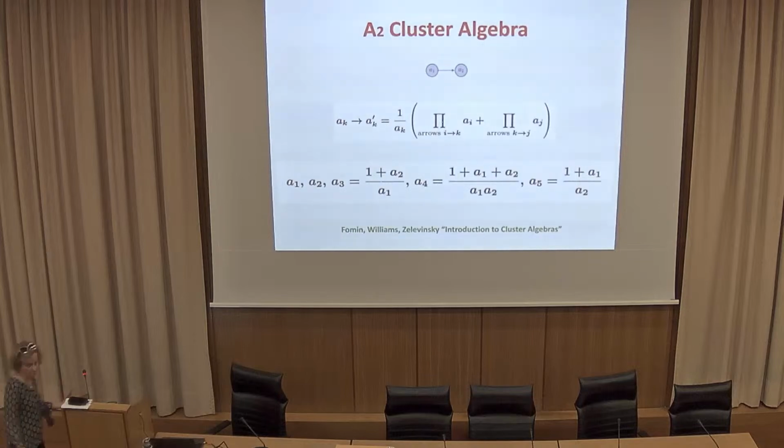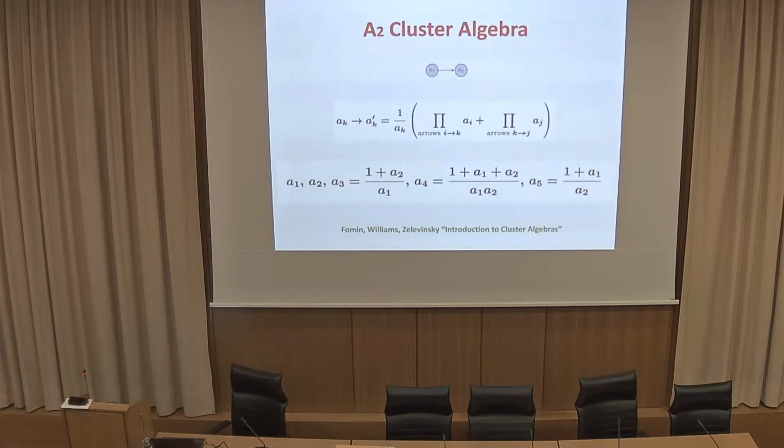Okay, so let me try to tell you what is the simplest possible cluster algebra. To define a cluster algebra, you need two things. You need a quiver, which is a set of points connected with lines. For the simplest case of A2, it's called A2 because it's the Dynkin diagram for A2: you have two nodes connected by a line.